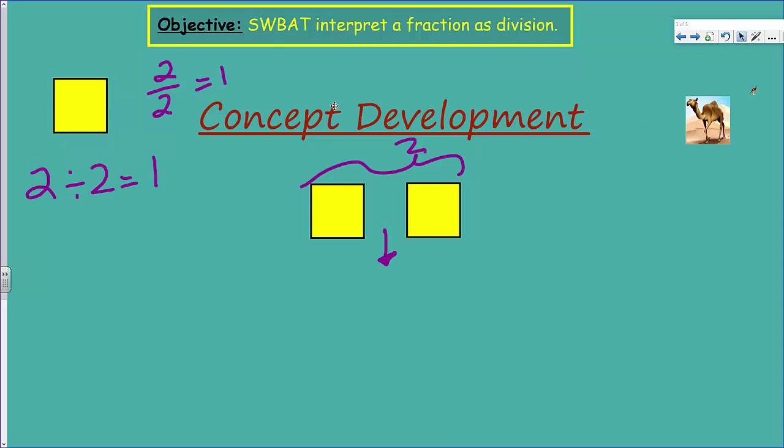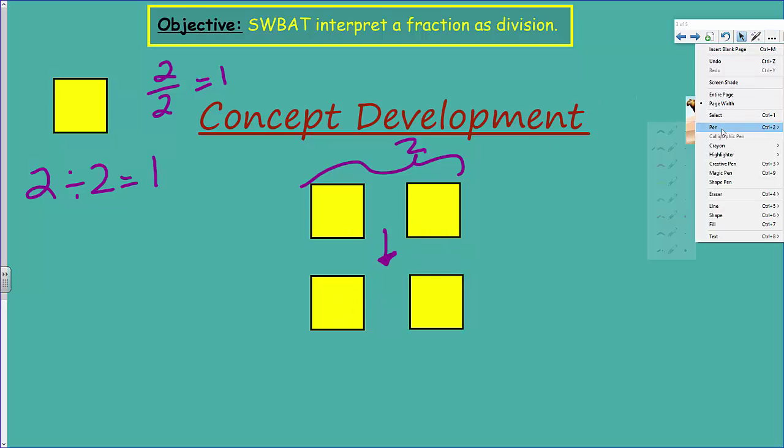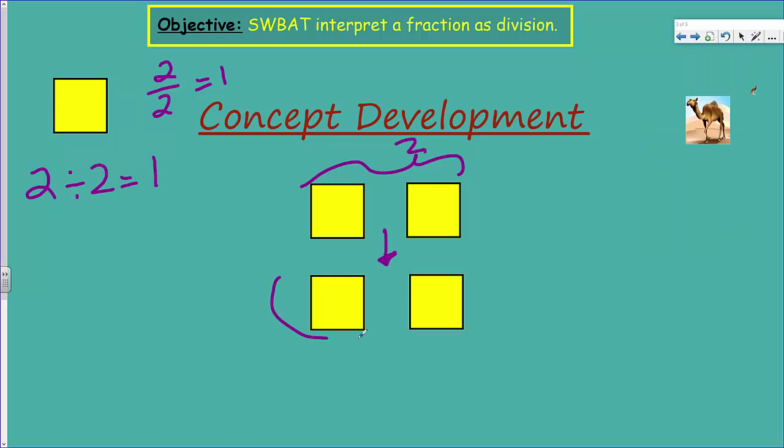Each person would get a cracker. Here's 1 cracker for 1 person. Here's another cracker for another person. Therefore, the answer would be 1. I know, it's so basic, but let's take this to the next level.